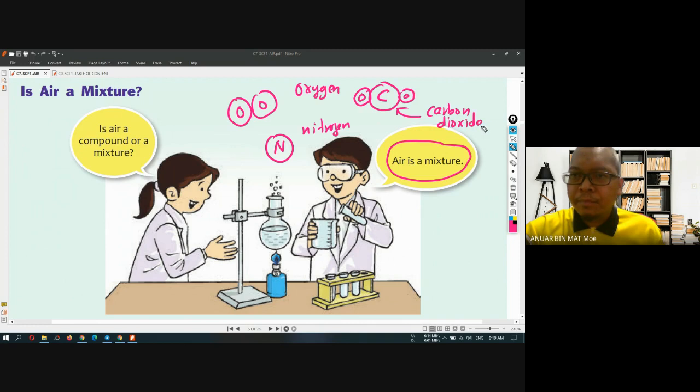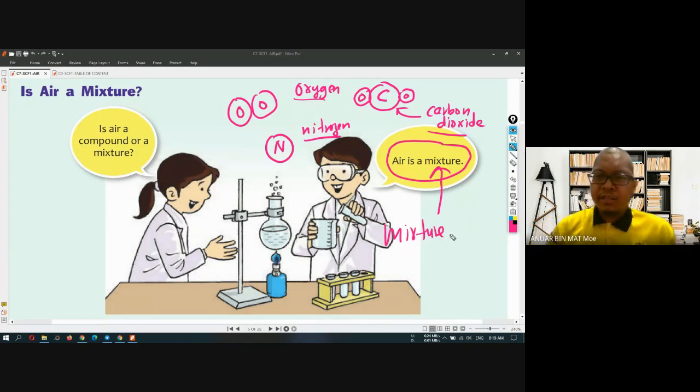And then oxygen, nitrogen, carbon dioxide, they all mix together in the air. That's why we call it a mixture. It is not a compound. Okay, it is a mixture.